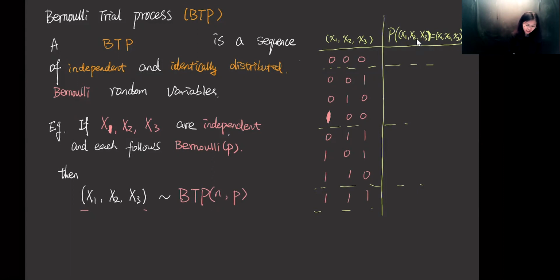And here the n is the number of elements in this sequence. In this case it is 3, because there are 3 elements in this sequence.